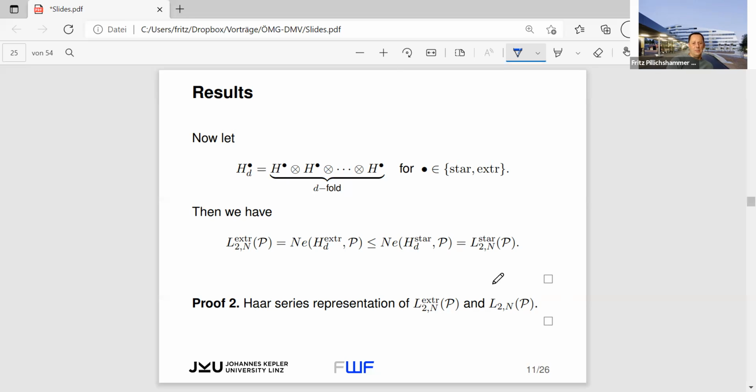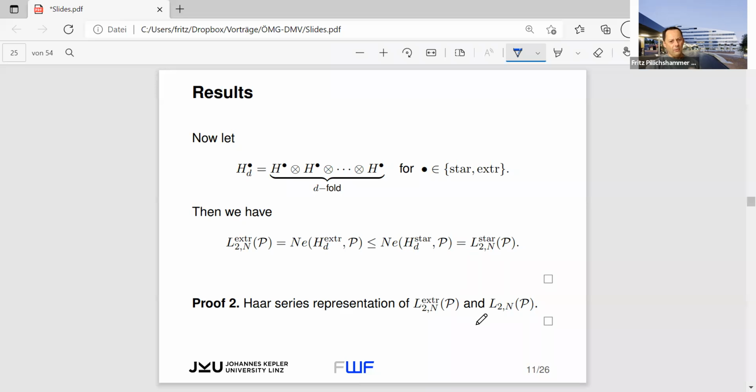And from this representation, it's also very easy to see that the relation holds, that L2 extreme is dominated by L2 star discrepancy. On one side, it's clear that this holds, but one has to compute this Haar series representation.